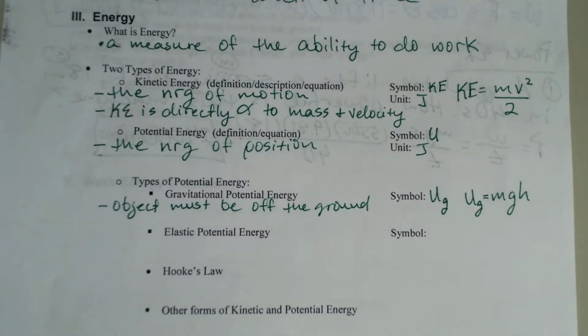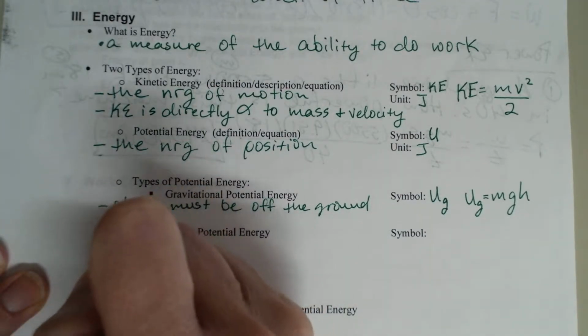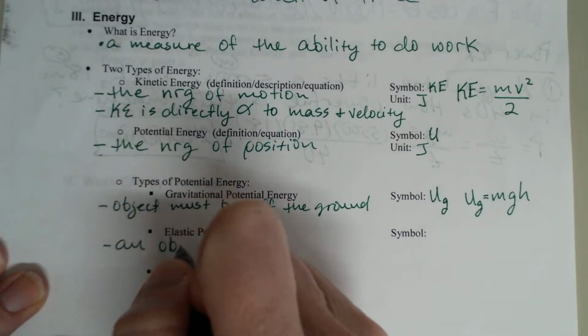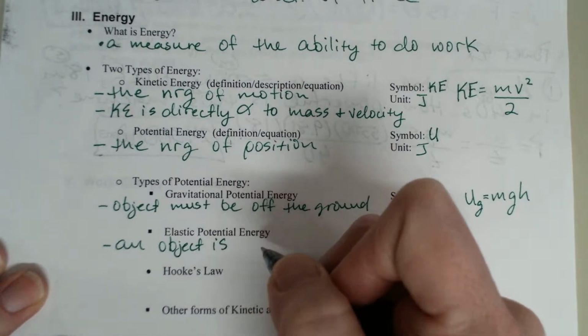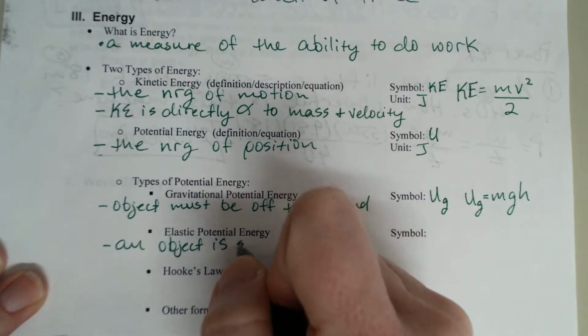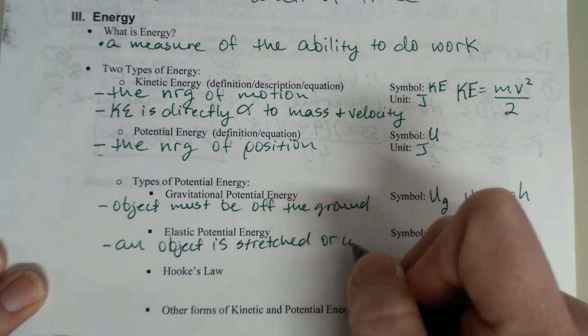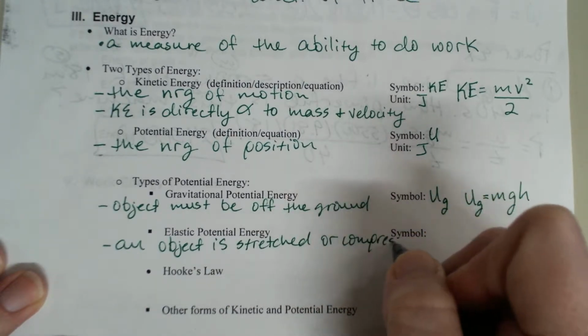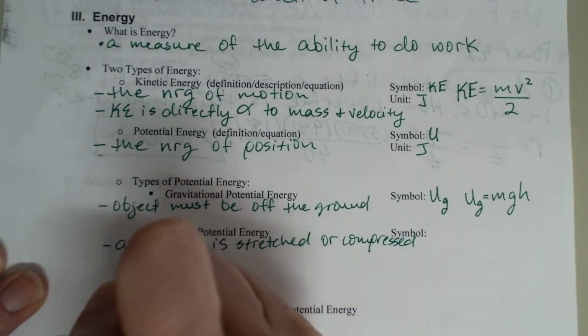The other type of potential energy is called elastic potential energy, and this is when an object is stretched or compressed. So what kind of objects would stretch or compress?